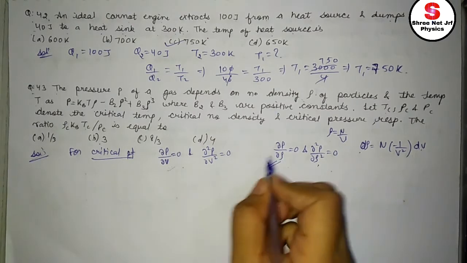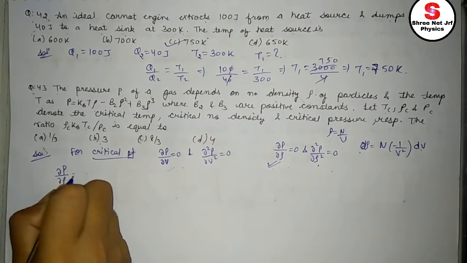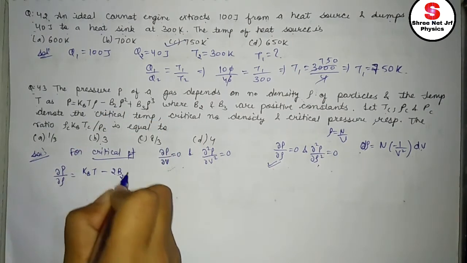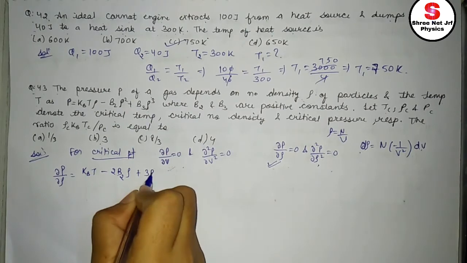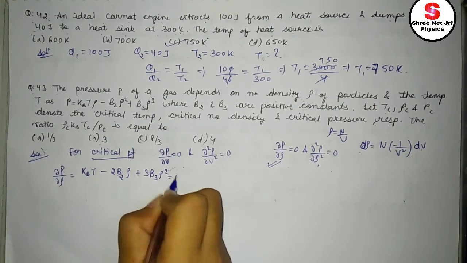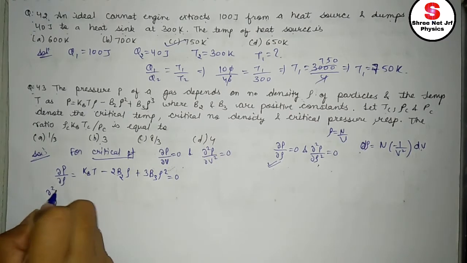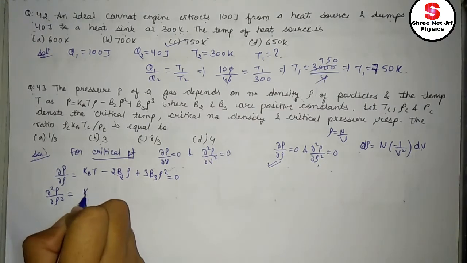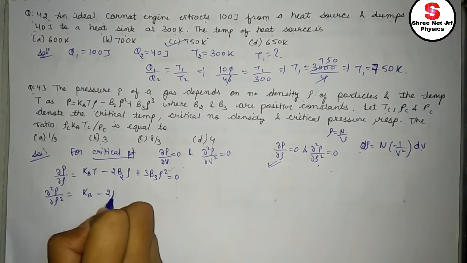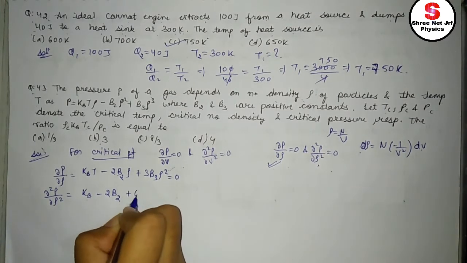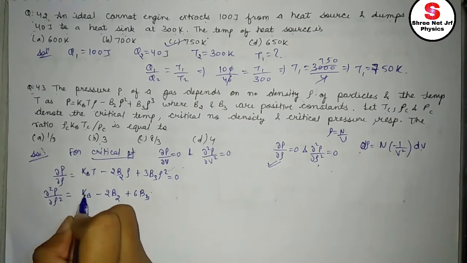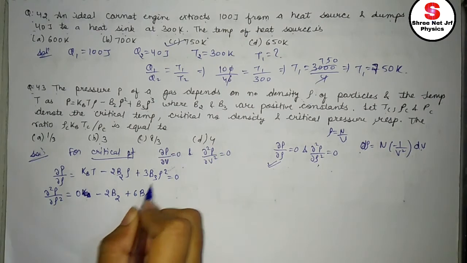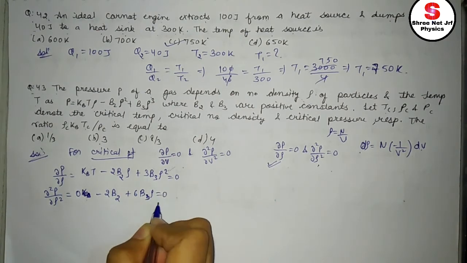First of all, I find del P by del ρ. Del P by del ρ equals what? Here it will give KBT minus 2 B2 ρ plus 3 B3 ρ square equals 0. If I find the second order derivative, differentiating with respect to ρ, it will give minus 2 B2 plus 6 B3 ρ equals 0.